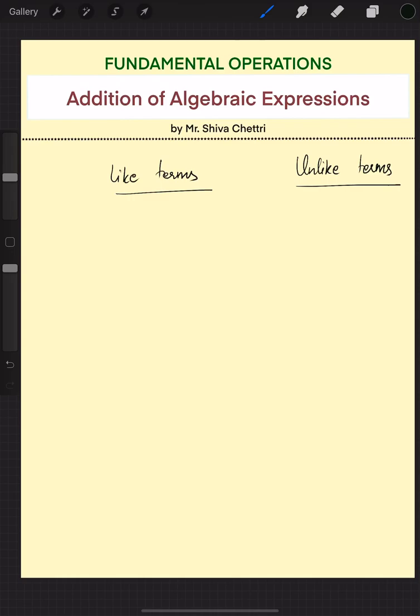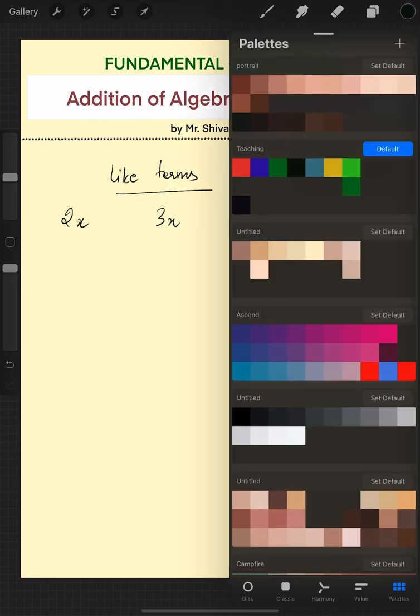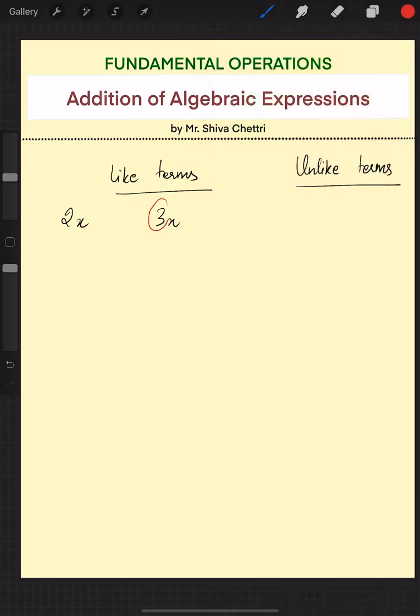Let us see how a like term looks and how an unlike term looks in an algebraic expression. Suppose I have an expression 2x and another expression 3x. Although the numerical coefficients are different, that is 2 and 3, the variables are the same.